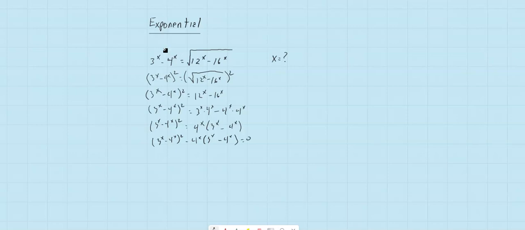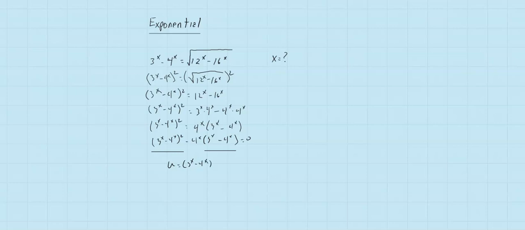And when we have that, you see how we have these two factors right here? They're pretty much the same, except one is squared. We can say that u is equal to 3^x − 4^x.